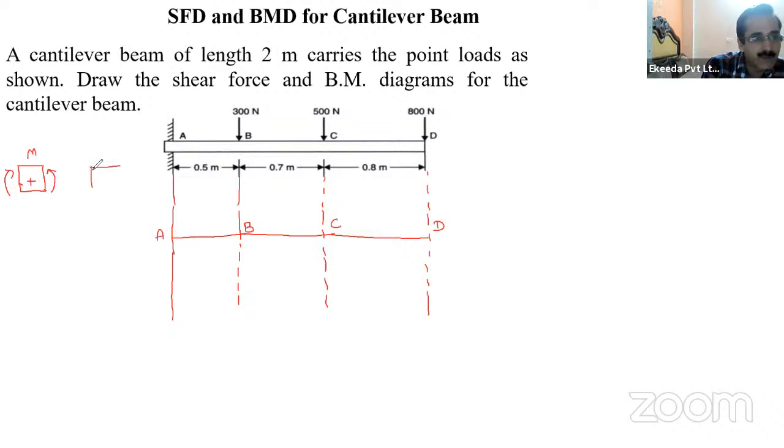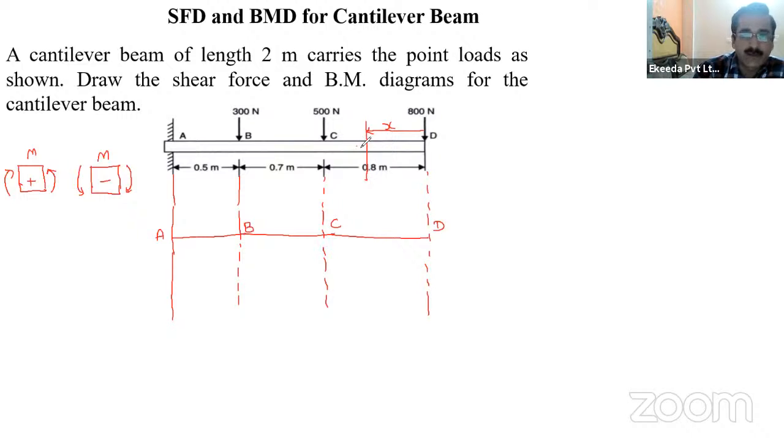And anti-clockwise to the left and clockwise to the right is negative bending moment, right? So now we have to draw the bending moment diagram. We will take a section between D to C.